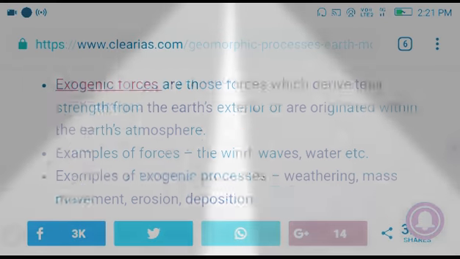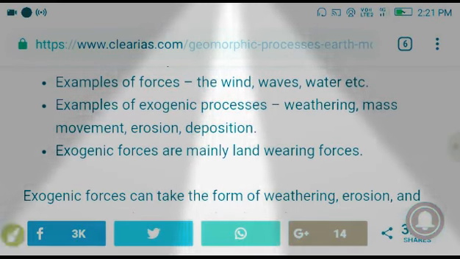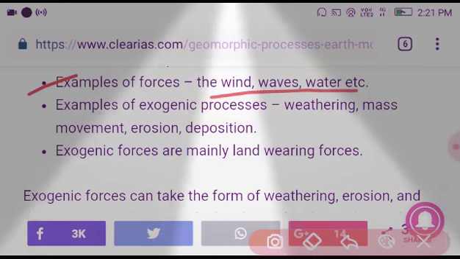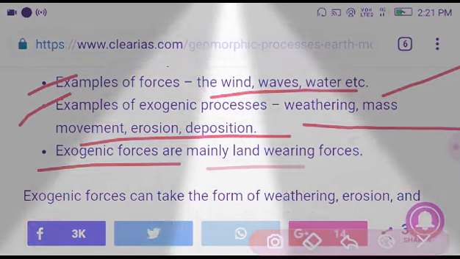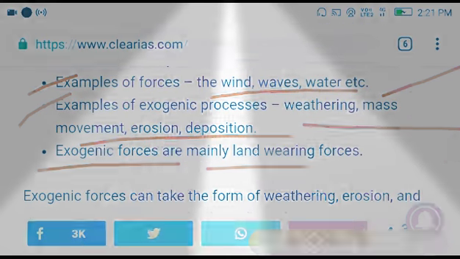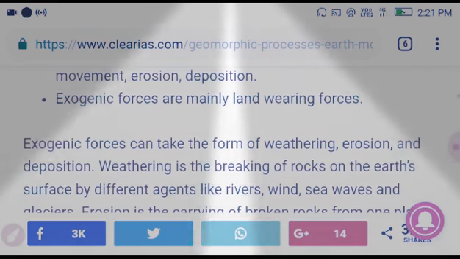Please remember. Examples of exogenic forces are weathering, mass movements, erosion and deposition. Exogenic forces are mainly land wearing forces.